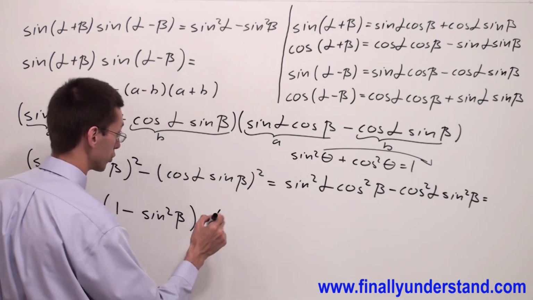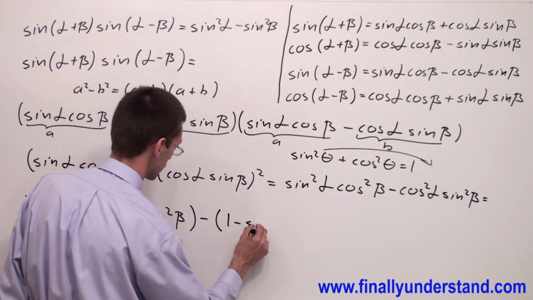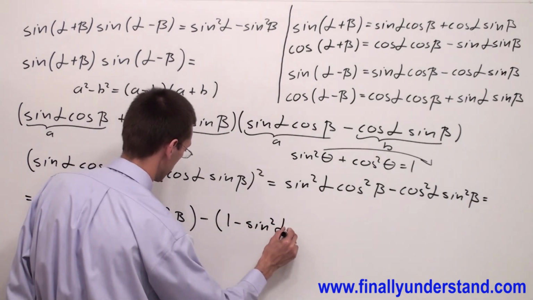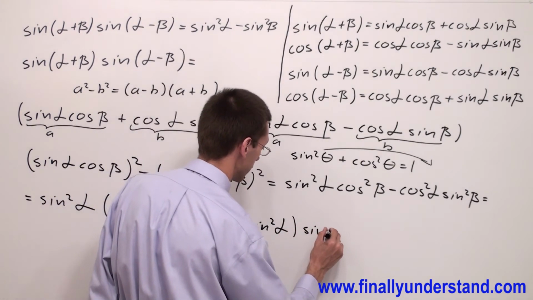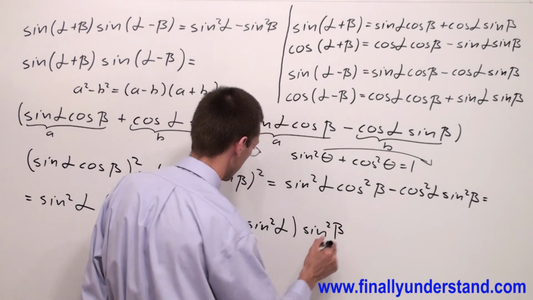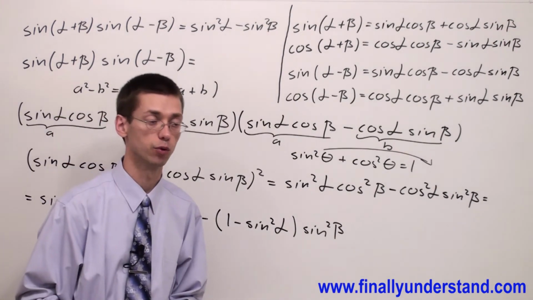Instead of cosine square alpha, I'm going to write 1 minus sine square alpha times sine square beta. Okay, please notice that we do not have cosines anymore.